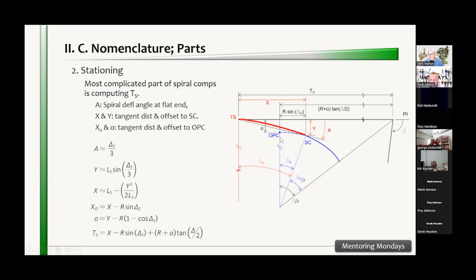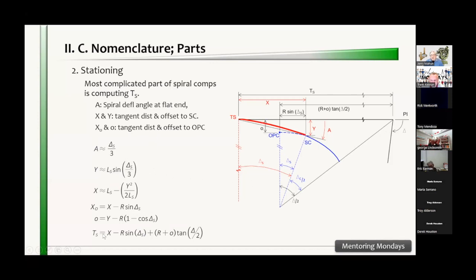The only reason we compute the offset PC is because it's one of the components necessary to compute this guy right here, because that spiral tangent is equal to all these things put together, and this is a component of all these guys right here. The offset PC is basically that offset distance right there. So you can look at that and just say, basically, this is all I've got to do here.